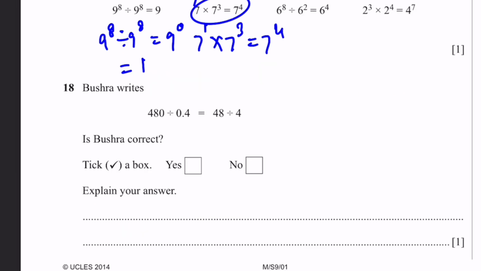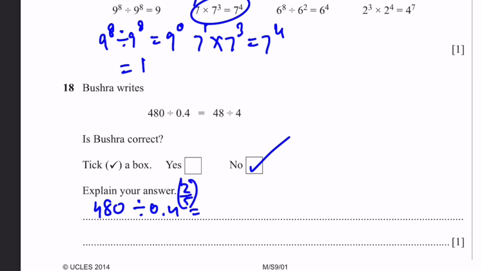Question 18. Bushra writes 480 divided by 0.4 is equal to 48 divided by 4. Is Bushra correct? Tick a box. Yes or no? Explain your answer. Alright, the correct answer is actually no. Why? 480 divided by 0.4 is equal to 480 divided by 2 by 5.